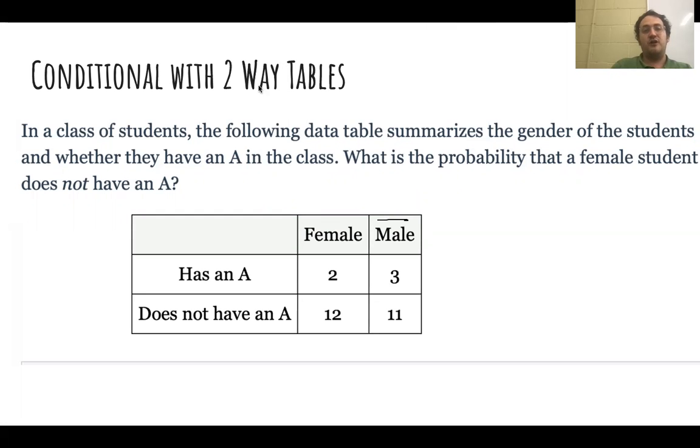So therefore, what we need to do is cross out male students and just focus on the female students. And it's asking us, what is the probability that the female student does not have an A? So the total female student is 14.